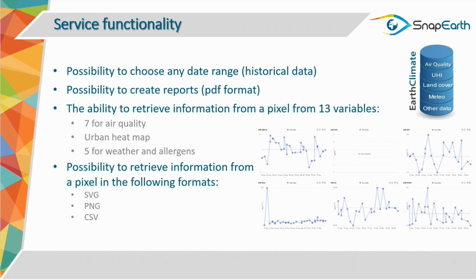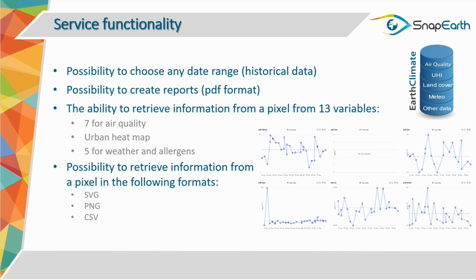Service functionality, what we have here: we can choose any date range. This is, I think, the main advantage of satellite images, because we can go back many years to historical data and check what the air quality is, what the problem is with urban heat islands, in these monitoring areas.